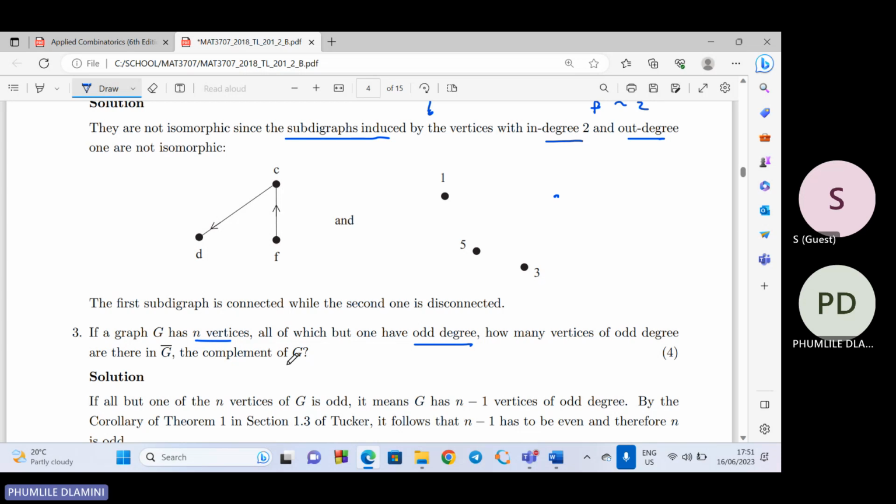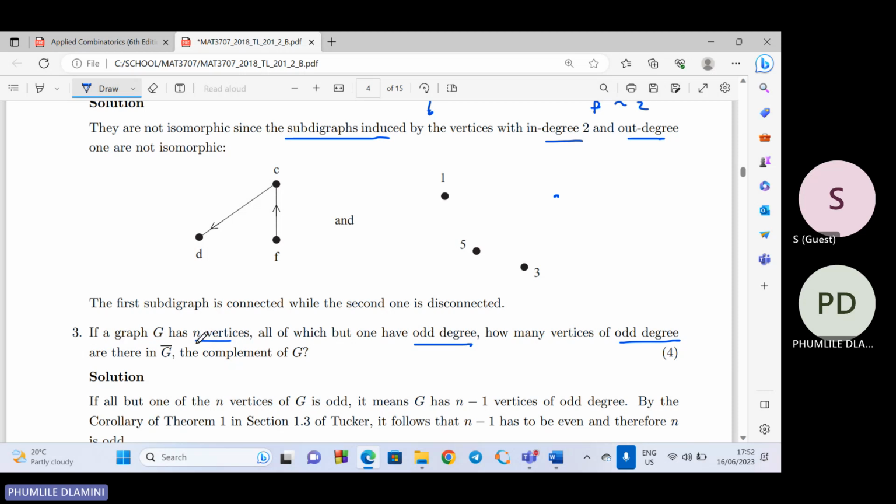So first, you have to know what you are talking about. We need to know about the odd degrees, and in other words we are talking about the degree.